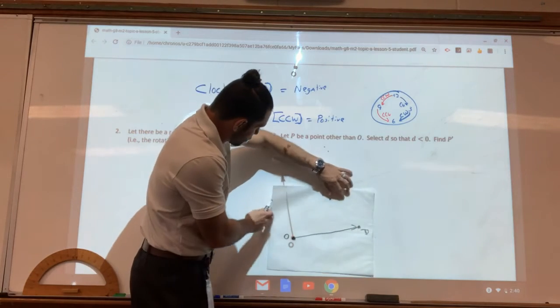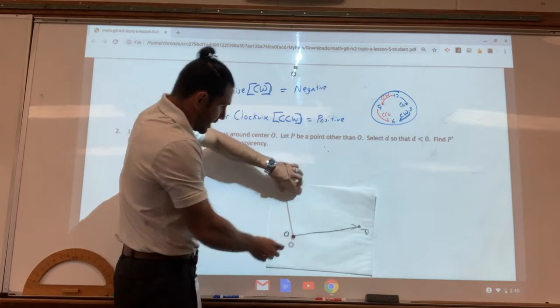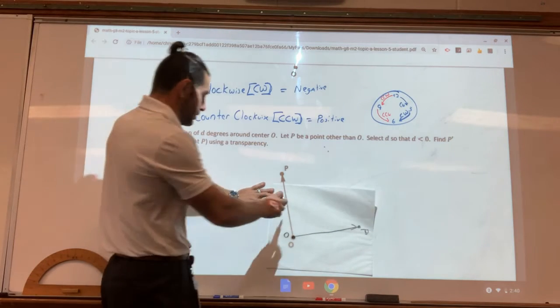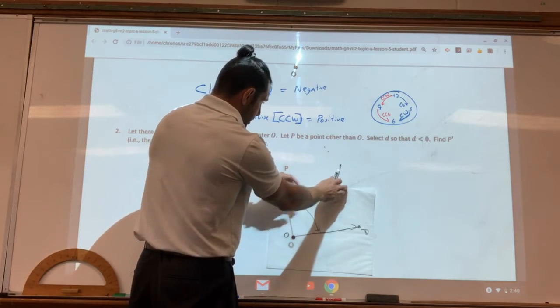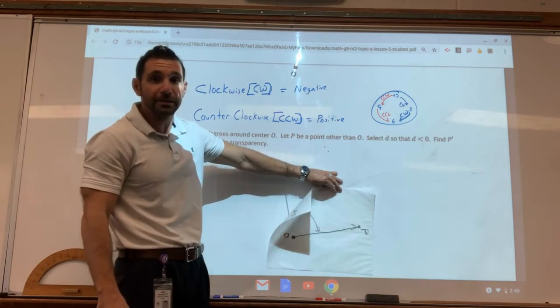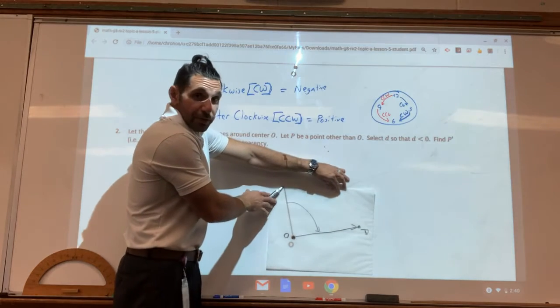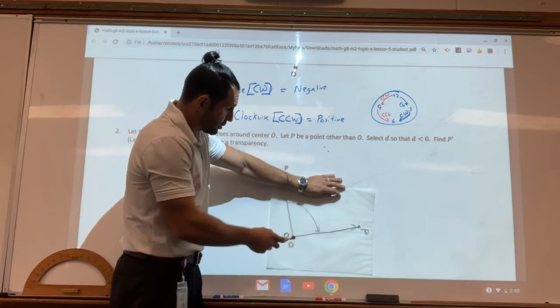So I need to show which way, notice that it rotated around O still. It's rotating this direction. You have to show the direction if it's talking about positive or negative. So if it's talking about positive or negatives, you need to show the direction, which is going to the right.